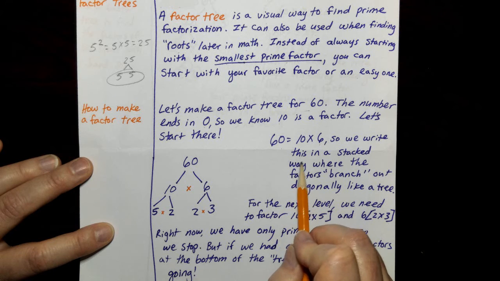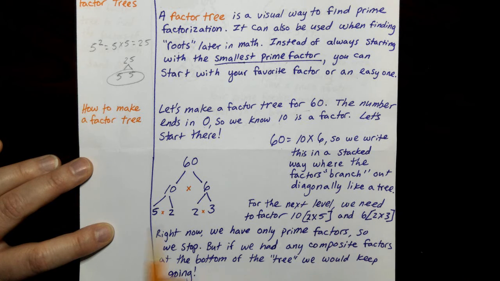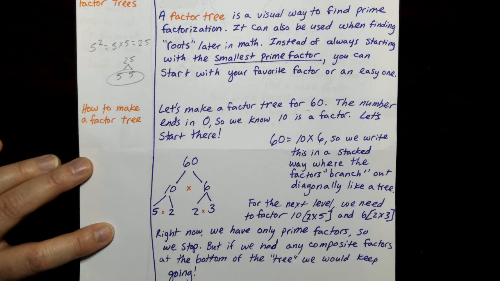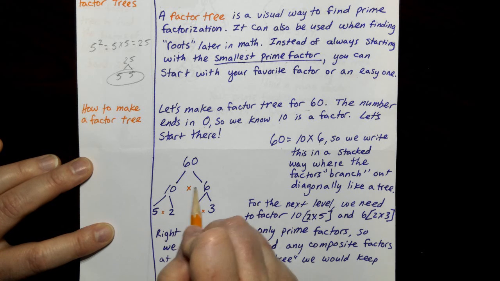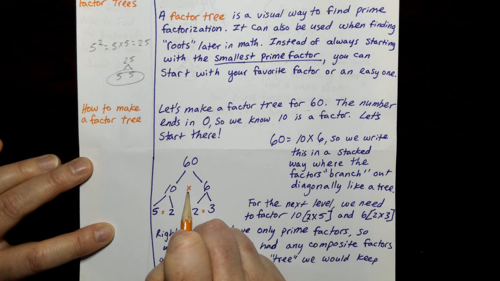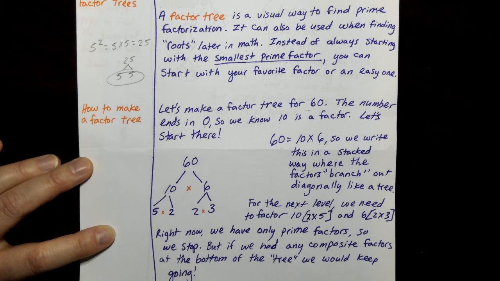So we write this in a stacked way where the factors branch out diagonally like a tree. So I write my 60, and then I do a tree branch, and I do 10 times 6. You don't really have to write that multiplication sign in there, but I put it in there anyway just because it's good to have that visual reminder.